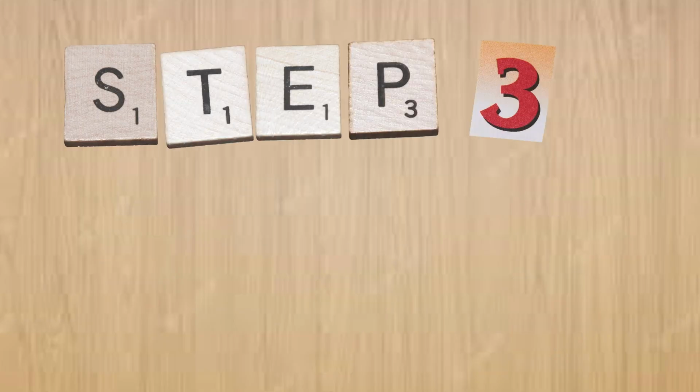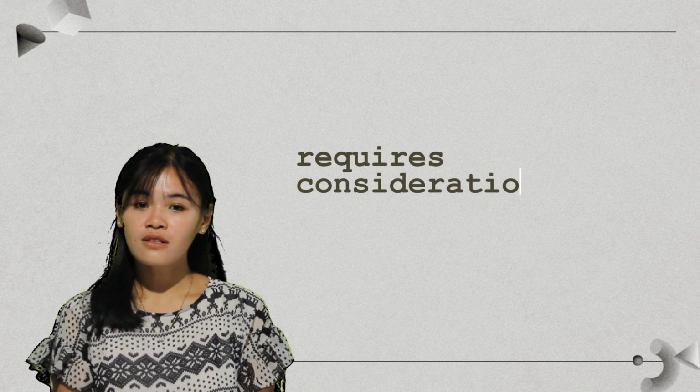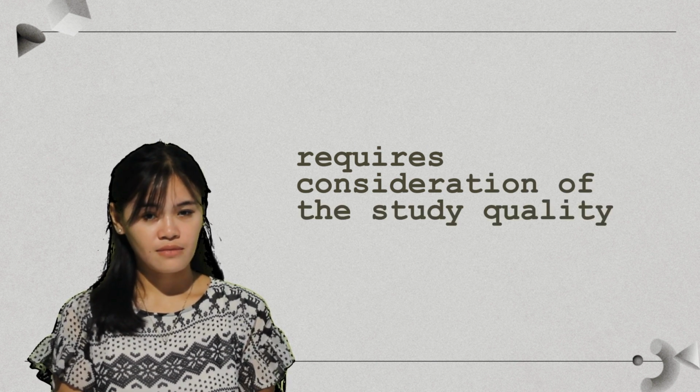Step 3. Evaluating the quality of the studies. Every stage of the review process requires consideration of the study quality. The least level of design that is acceptable should be described in the study selection criteria and question formulation.